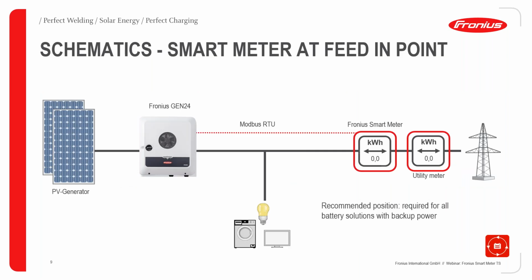So then, of course, there are different ways to install it, or actually the location can differ. Whether you want it on the feed-in point, like it is shown here, this is actually the recommendation for positioning the Fronius Smart Meter. So we are coming from the grid, from the right here. And first of all, we have, of course, our utility meter as usual.